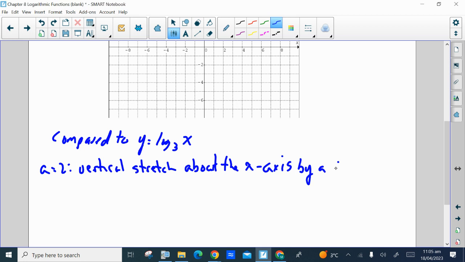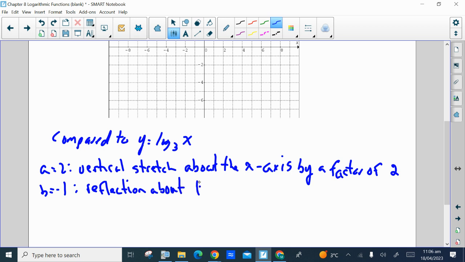By a factor of 2. Then we have a b value of -1, which is going to cause a reflection about the y-axis. And then we have an h value of -1, which means the graph is going to shift 1 left.